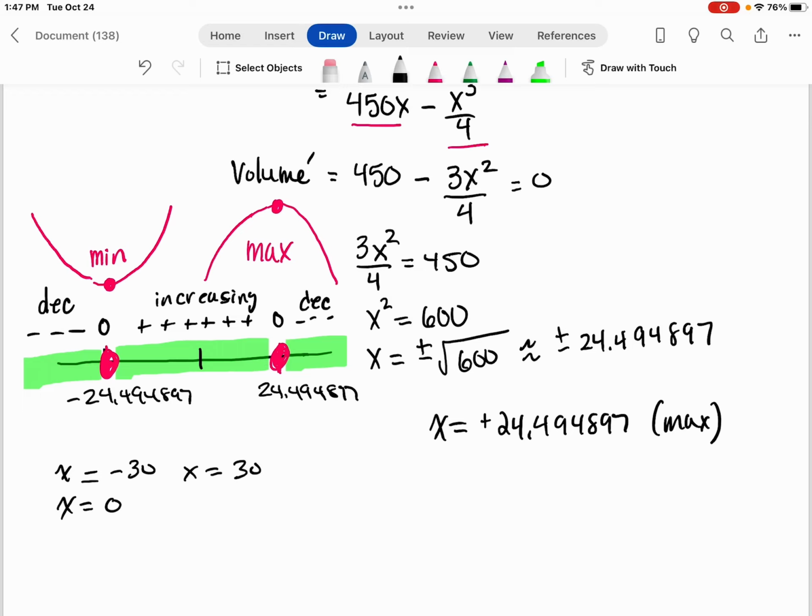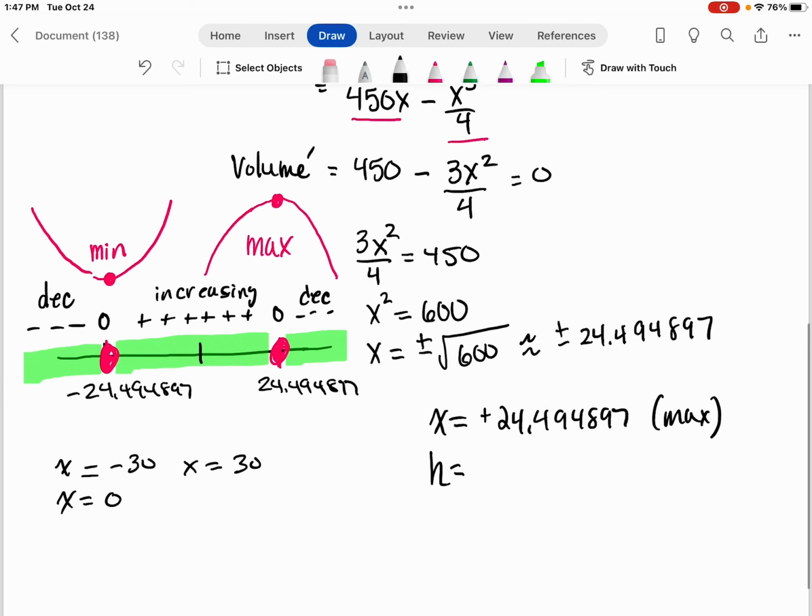Now we found the height up above when we solved for h, and we got (1800 minus x squared) over 4x. So to find my height, I'm going to take my x that maximizes the volume, and put it in for my x here and here to find the corresponding height that goes with that.